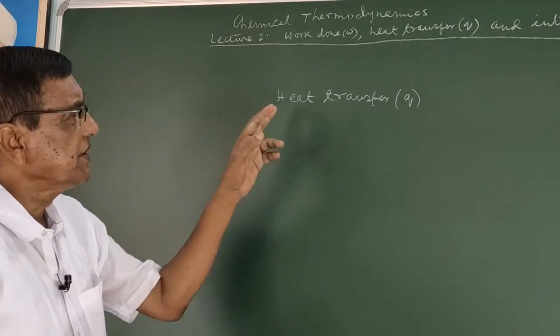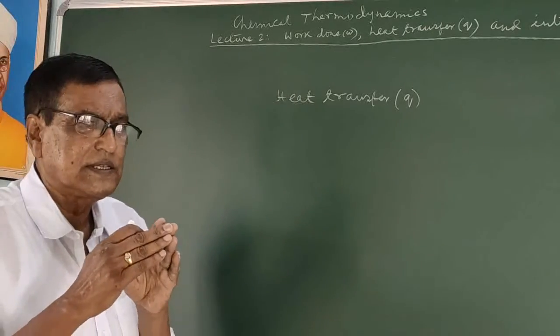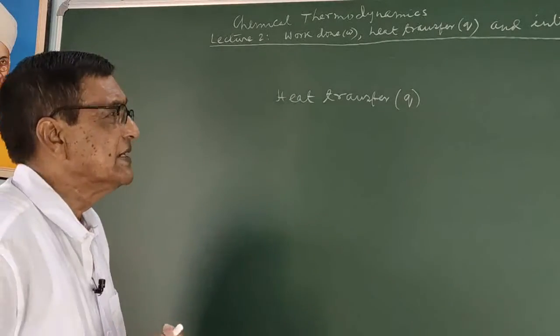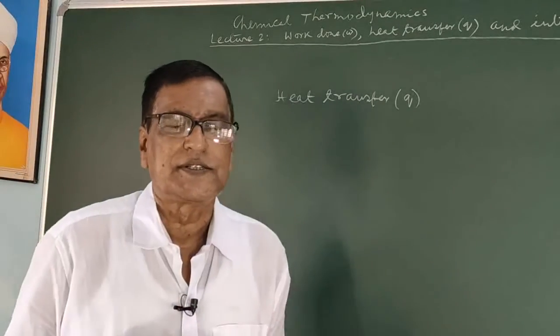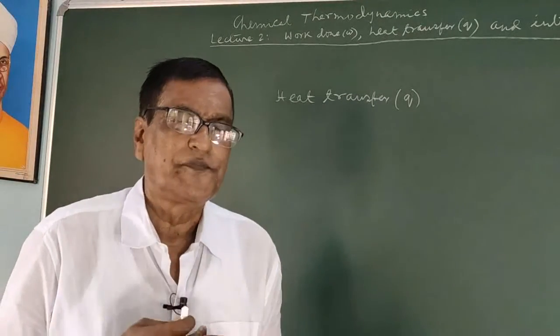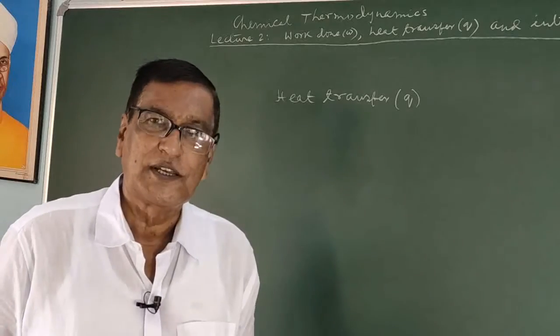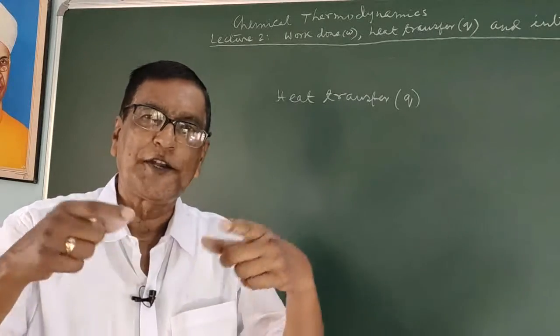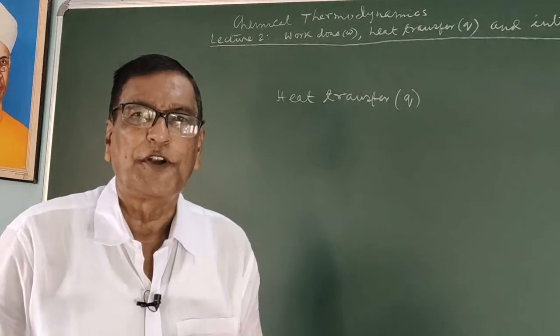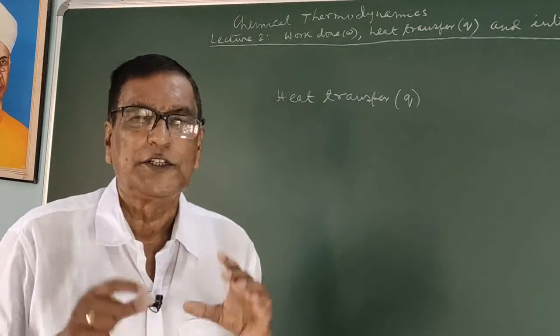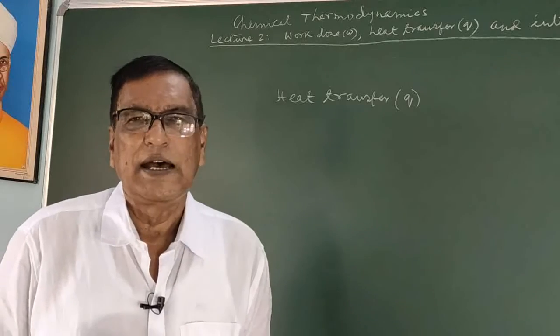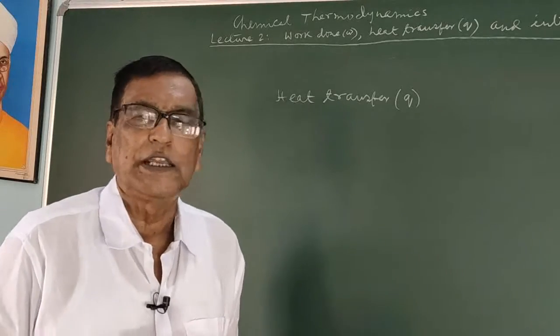And whenever heat flows, according to our common sense, we know that heat flows from a body at high temperature to a body at lower temperature until the two bodies have a common, equal temperature.